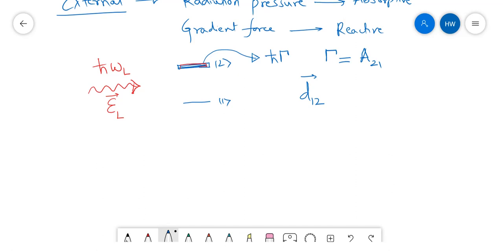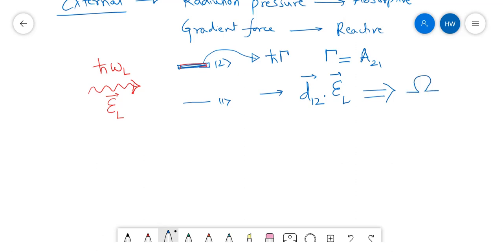Now how well does the light interact with the atom depends basically on two parameters. One is the coupling of the dipole moment to the electric field of the light. This gives rise to something called Rabi frequency.